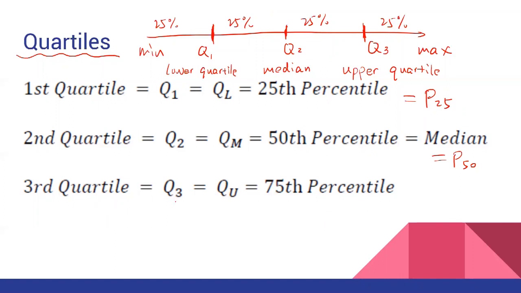Third quartile is also called Q3 or QU or upper quartile, which is P75, because on the left-hand side of Q3, the percentage is around 75. Okay. Do you have any questions?